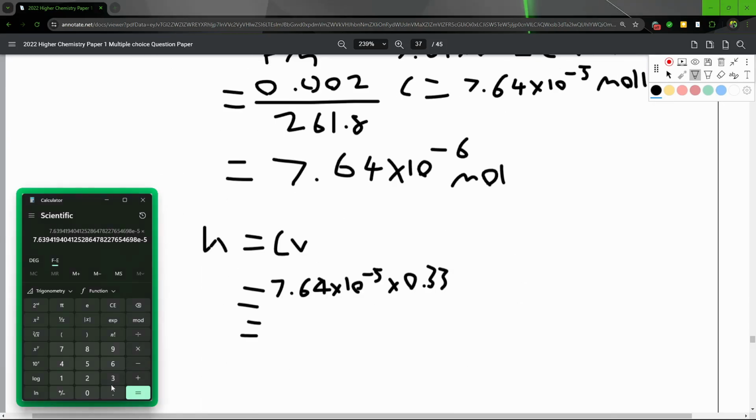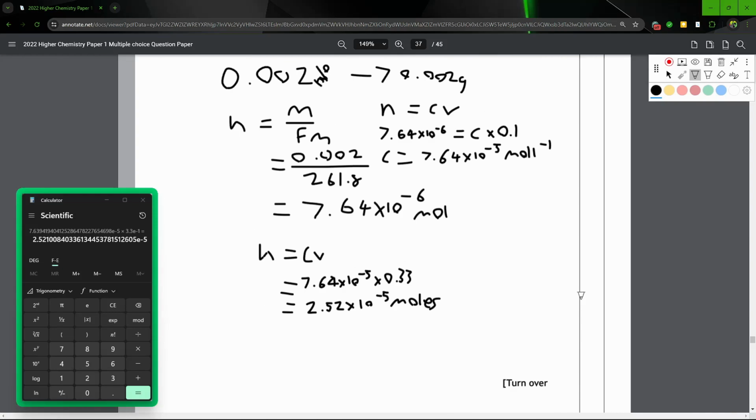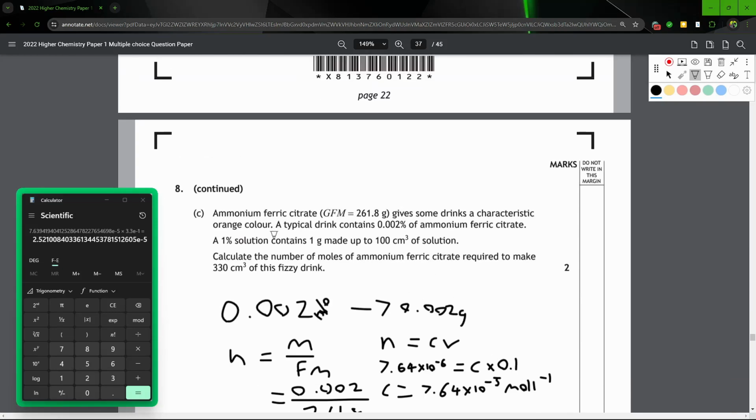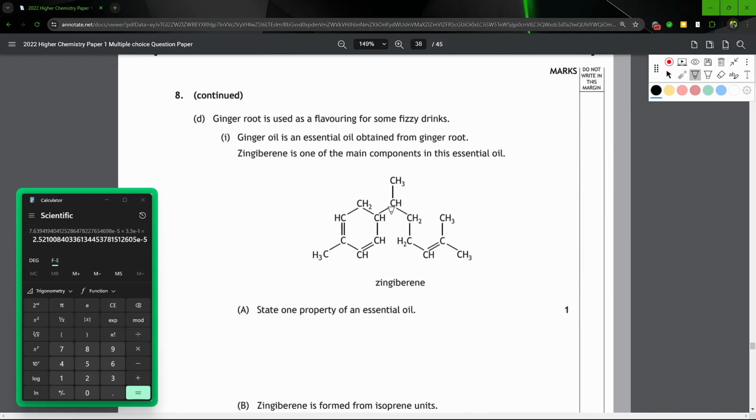Just double checking everything's alright. That would be 2.52 times 10 to the minus 5 moles. So, extremely little ammonium ferric citrate in the solution.